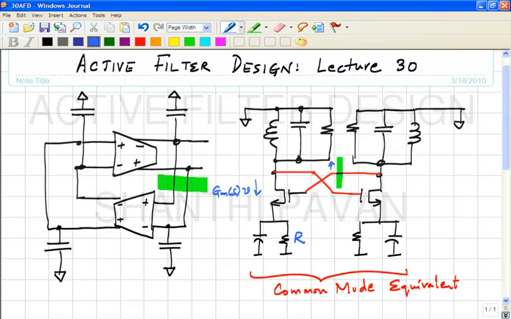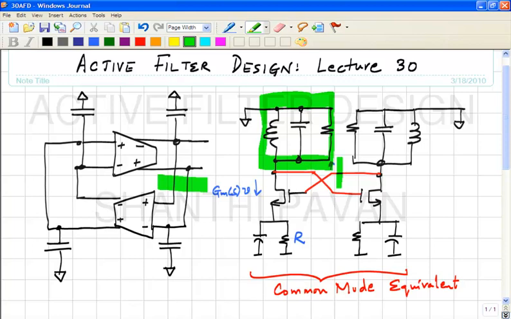In other words, in practice it will be that GM of the transistor times R will be a very large number, and this goes through this impedance RLC, correct? And this voltage is sensed by the second transistor on the right, and again is converted into a current, okay, and again goes through the same impedance.